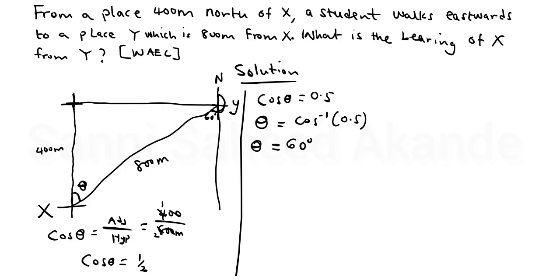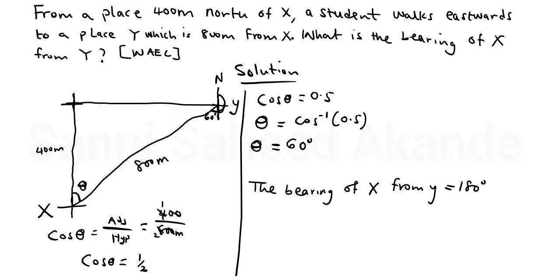In that case, I can conclude and say the bearing of X from Y is equal to 180 degrees, like I said earlier on, from this north pole to this south pole here is 180 degrees.